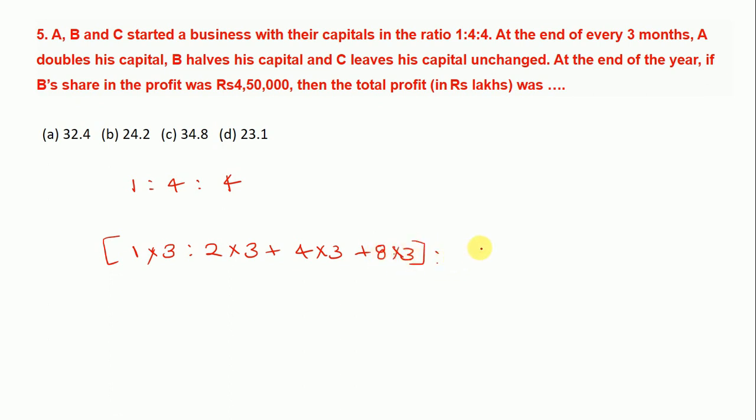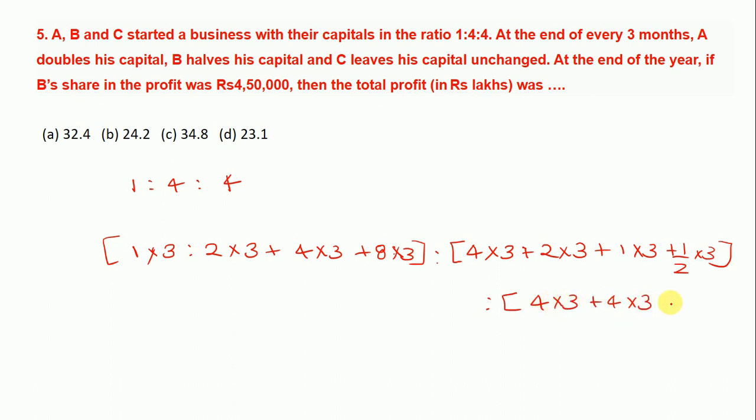Now for B, for first 3 months investment was 4 units, and after that 2 units for 3 months, 1 unit for 3 months, and half unit for 3 months. And for C, he kept his investment unchanged, 4 into 3 plus 4 into 3 plus 4 into 3 plus 4 into 3.